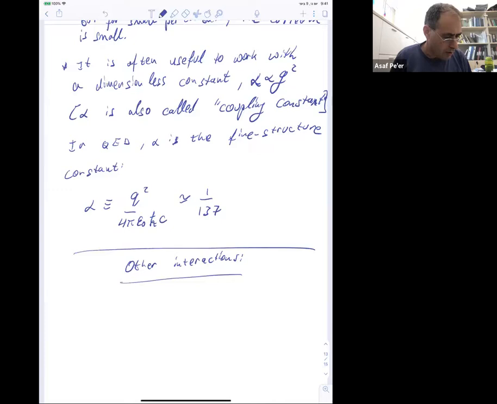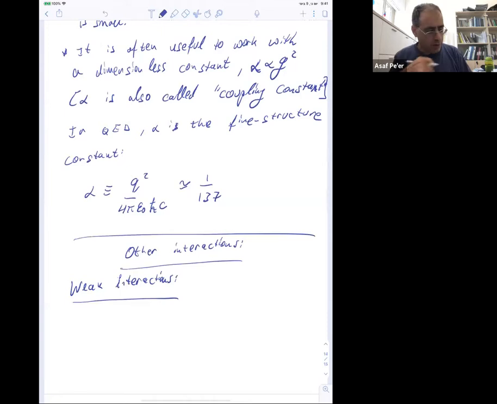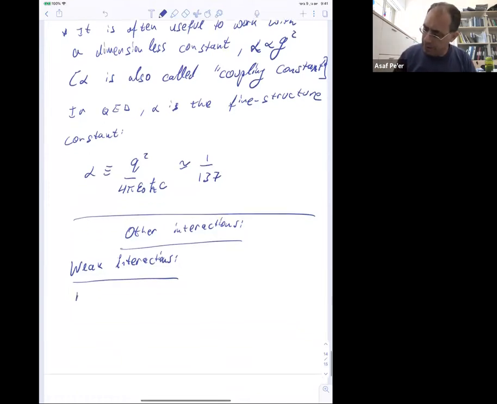Let's talk about the weak interactions. These can be mediated by the Z, which is a neutral boson.